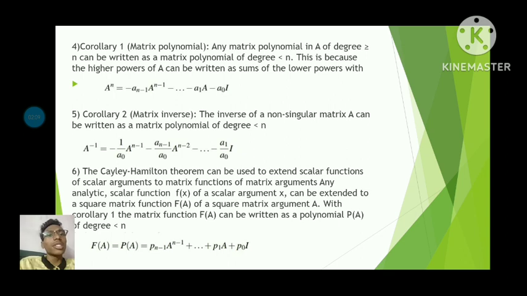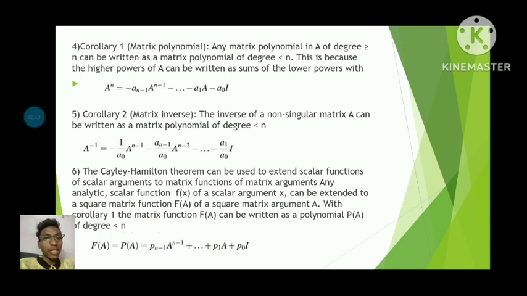This is because the higher power of A can be written as sums of the lower powers, with A^n equal to minus a_(n-1) A^(n-1) minus up to minus a_1 A minus a_0 I. It is the fourth equation.